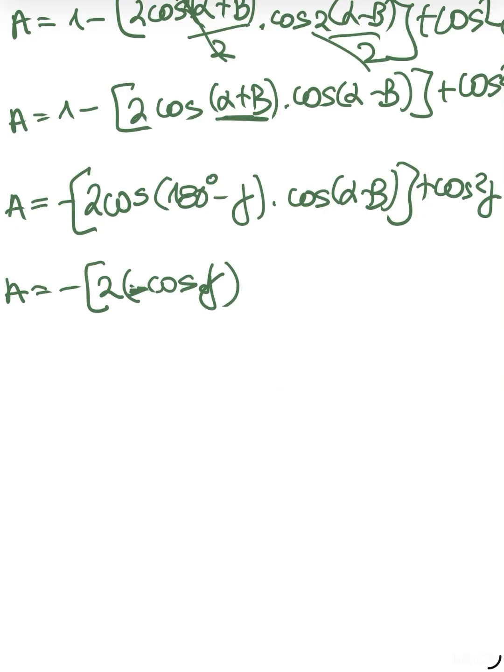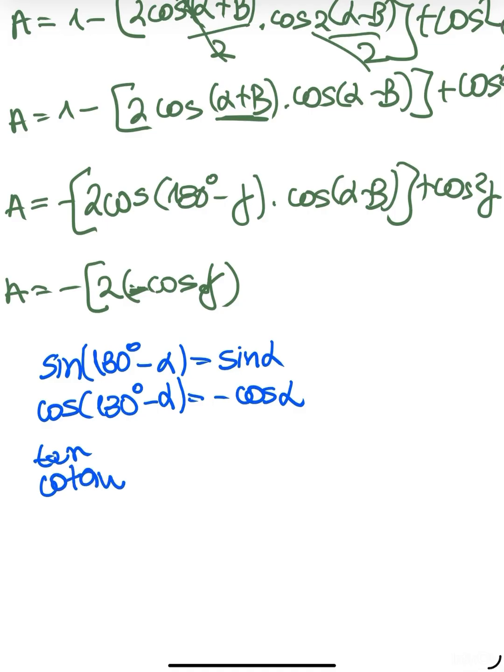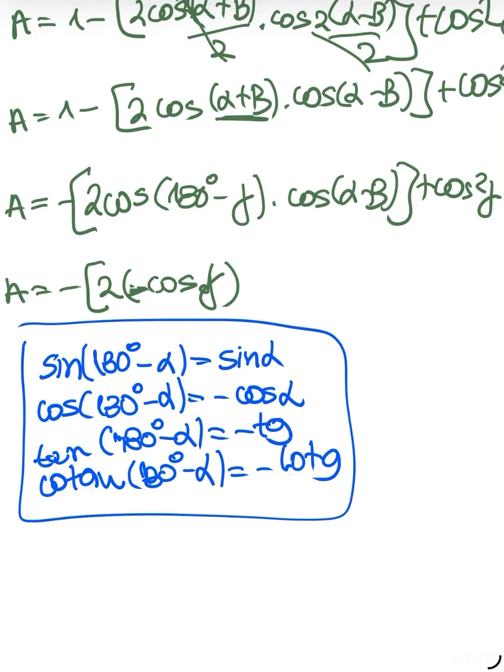Sine of 180 degrees minus alpha is equal to sine alpha, not with a minus sign, and cosine of 180 degrees minus alpha is equal to minus cosine alpha. The same with tangent and cotangent: cotangent of 180 degrees minus alpha is minus cotangent, and tangent of 180 degrees minus alpha is equal to minus tangent. Those are important ones, so make sure you remember them.